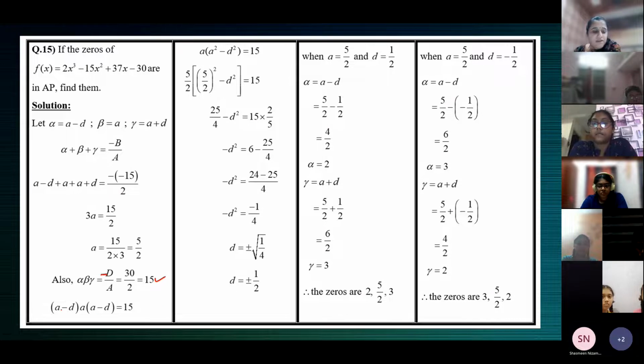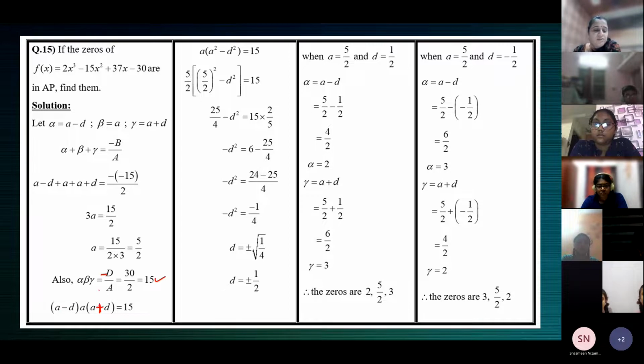So that means a minus d into a plus d is equal to 15. Again, I've made a mistake while typing. A minus d into a plus d, children. Typing error. Okay, is equal to 15.